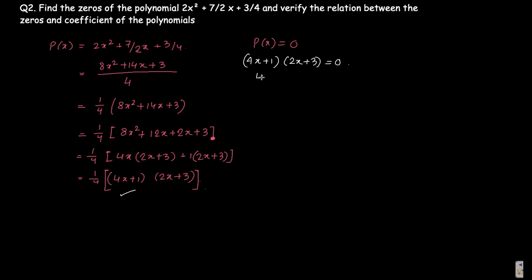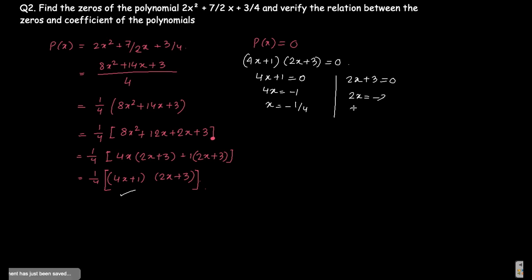Now 4x + 1 = 0 means 4x = −1, then x = −1/4. Like that, 2x + 3 = 0, so 2x = −3, then x = −3/2.